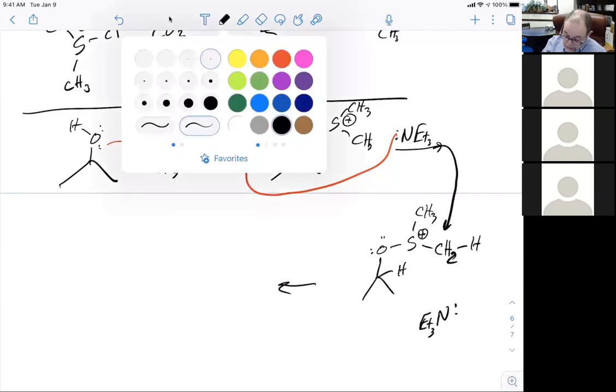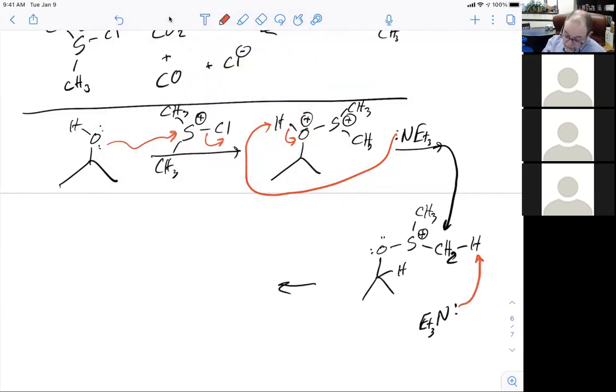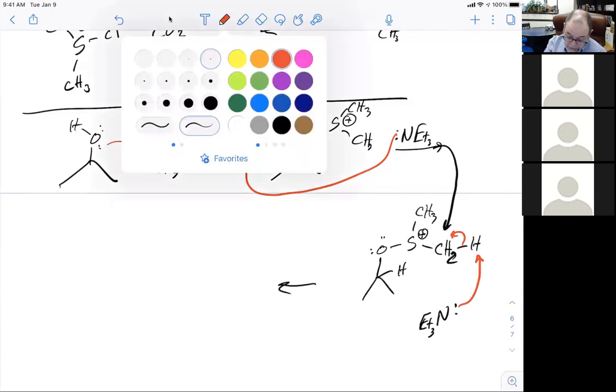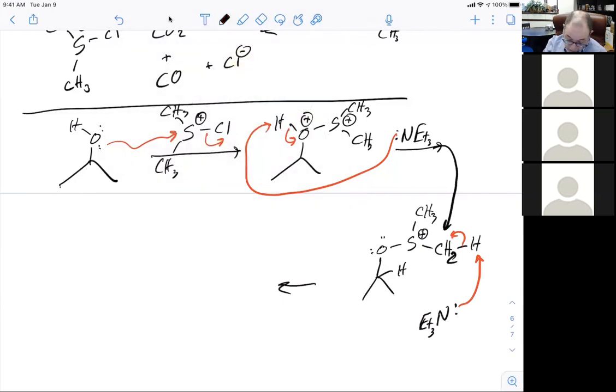Then our nitrogen picks up a proton from this methyl. Okay, and it took them a while to figure this mechanism out because it's not what you would have thought would happen.